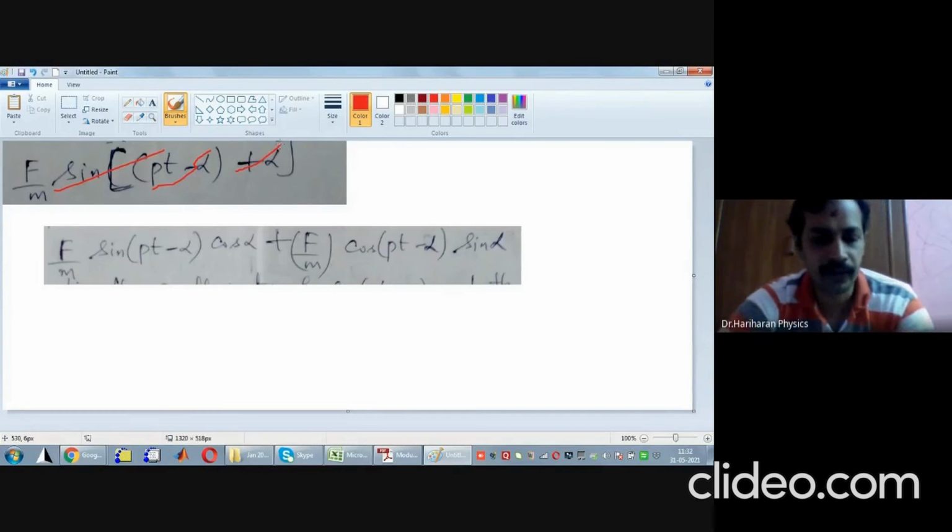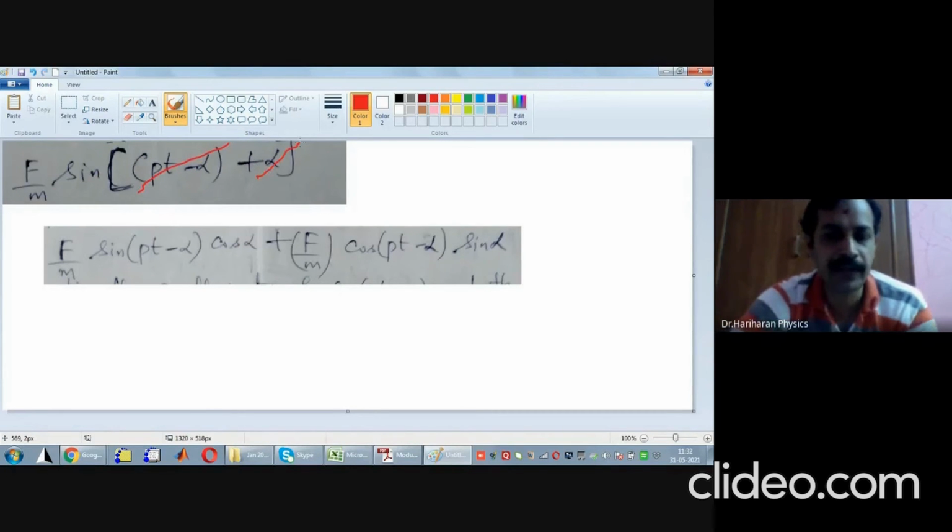So therefore look here, I will call this a and I'll call this b. So if you expand sine of a plus b, what you are going to get? f by m into sine of pt minus alpha cos alpha, sine a cos b, plus this into cos a sine b. Okay, is that clear?